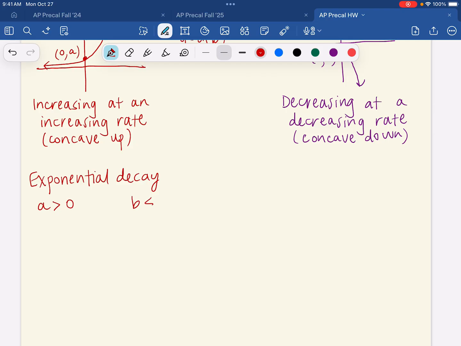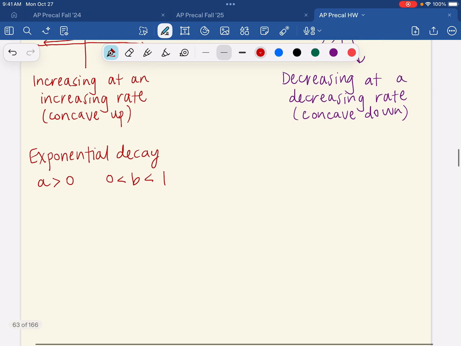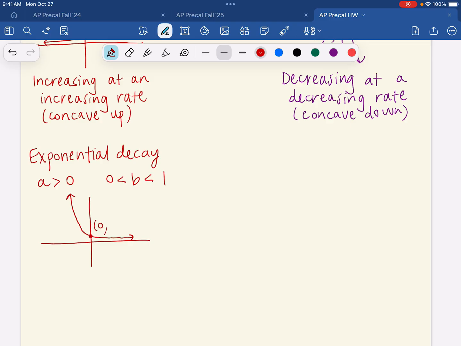And now I'm expecting to see a base that is less than 1. However, that base needs to be positive. If this is the case, I'm going to have a decreasing function. It still has a y-intercept of (0, a).